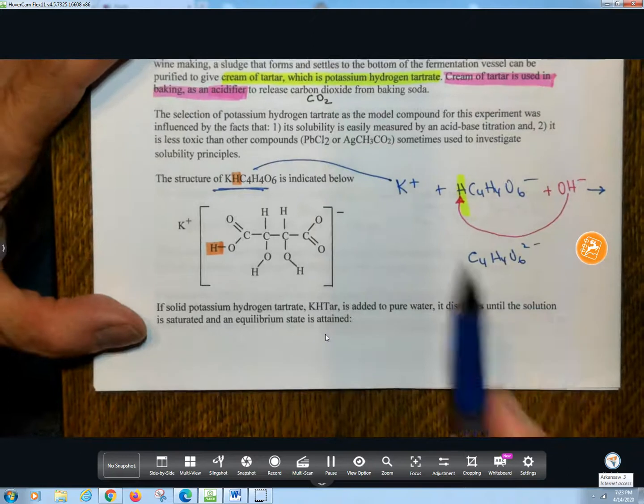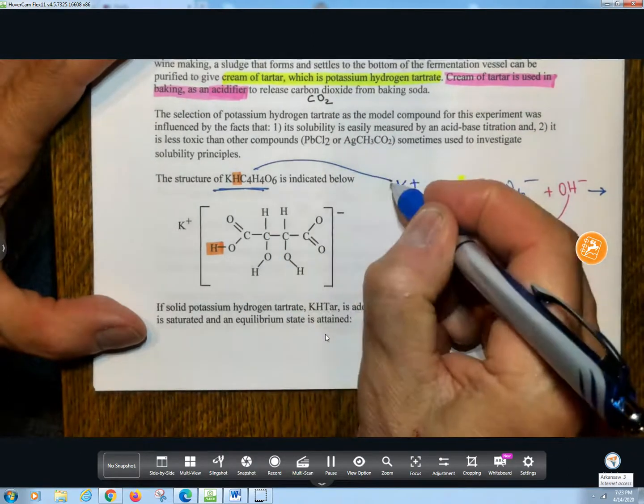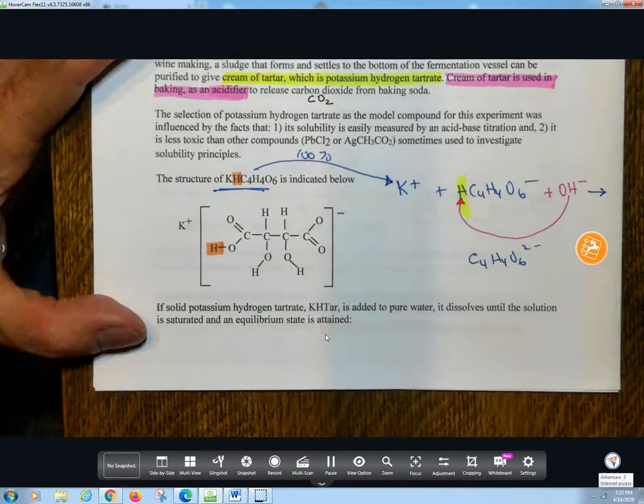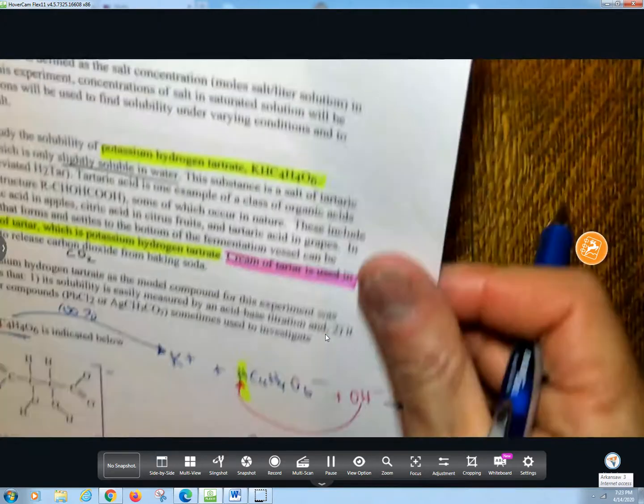And this is our structure. Again, this is going to split up. This dissociates 100%. We know that this is going to split up into these ions. Okay, so let's go to the next page.